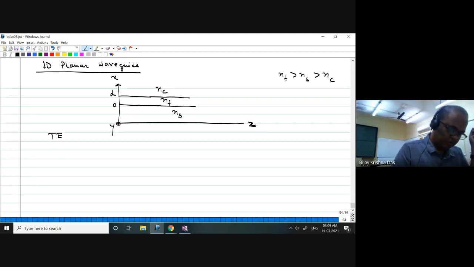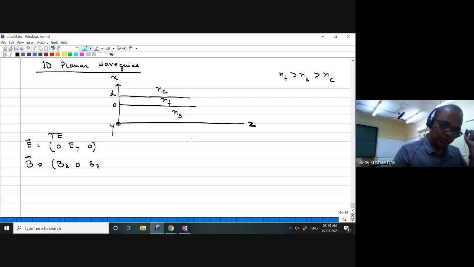TE mode. Once again, the electric field we can write something like this: 0, the components, and magnetic field we can write, sorry, this should be Bx 0 Bz.